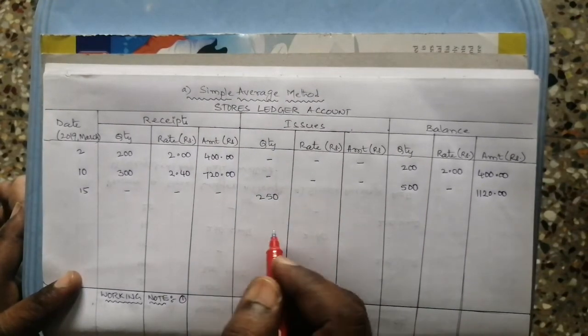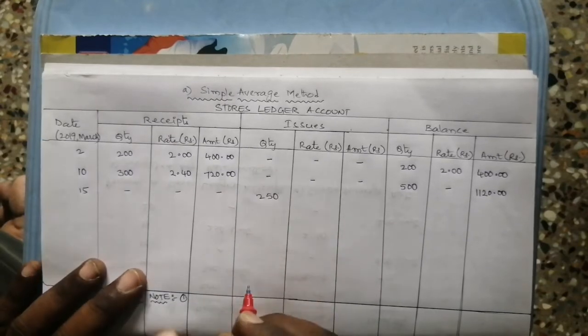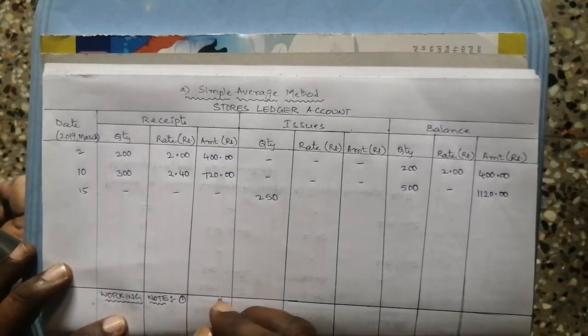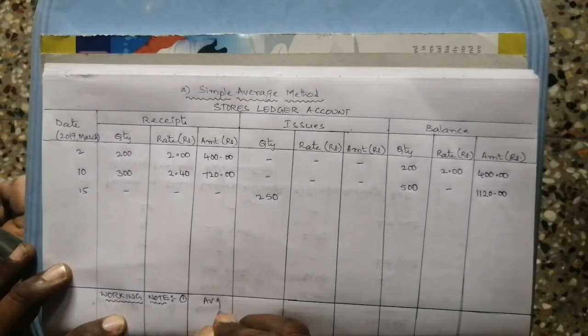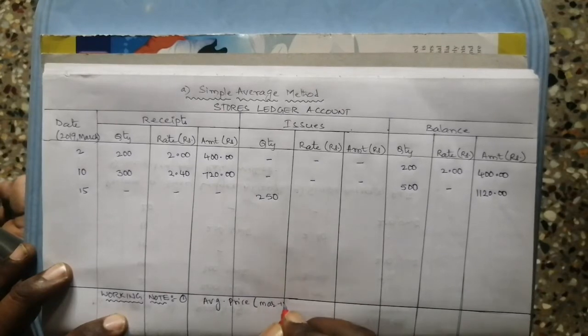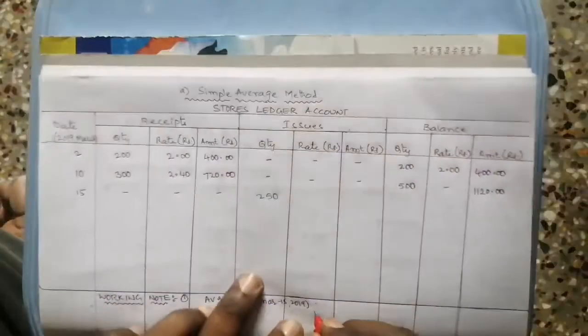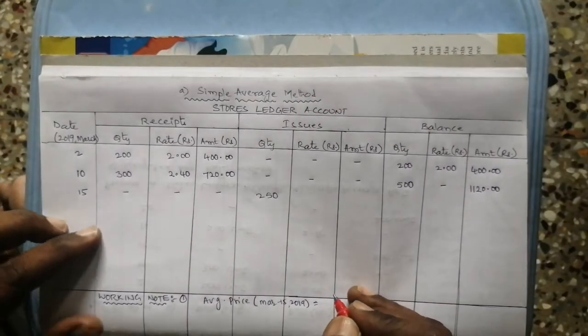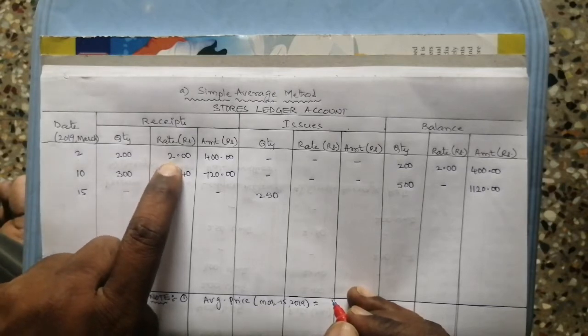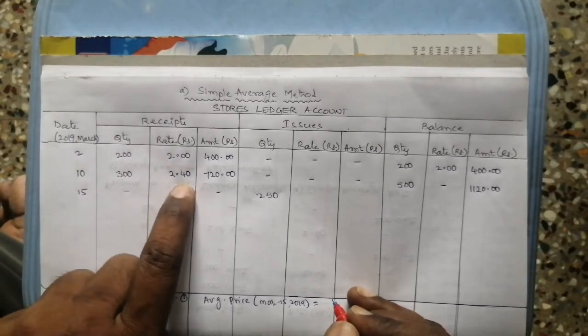It is the simple average method. When you go for the simple average method, how do you calculate the rate per unit? I am showing in working note number 1 the simple average price on March 15th of 2019. You have to add the two prices we have earlier in the record. For 200 units, 2 rupees is the unit rate. For 300 units, it is 2 rupees 40 paisa.